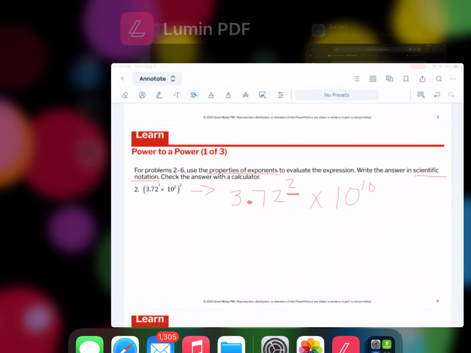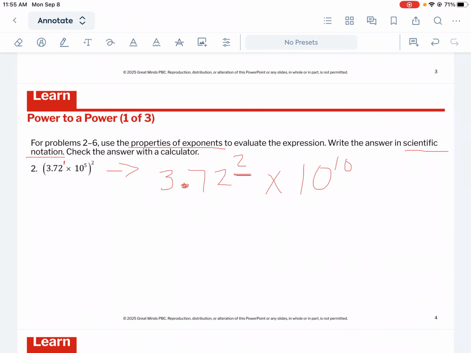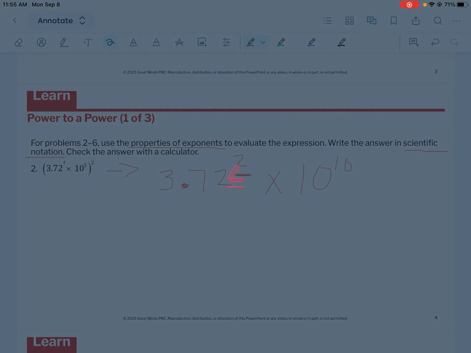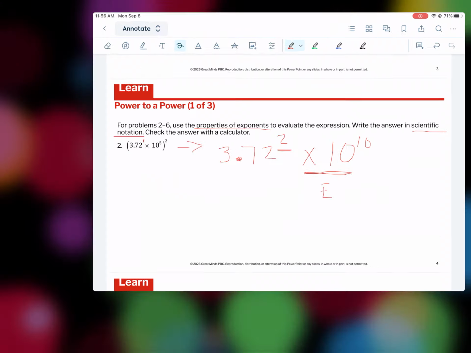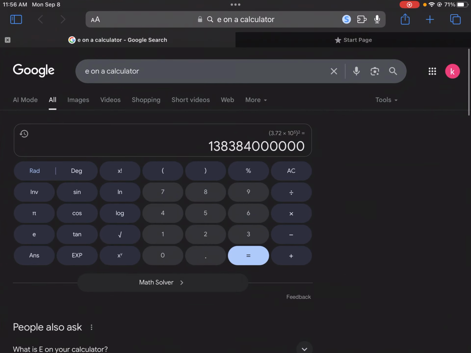If your calculator gives you something like that, here's a second way to write it. We're going to keep this 3.72 squared, and we're going to take this times 10, and we're going to use E. Now, E on here says exponent; down here at the bottom, EXP in all caps, that means the same thing.